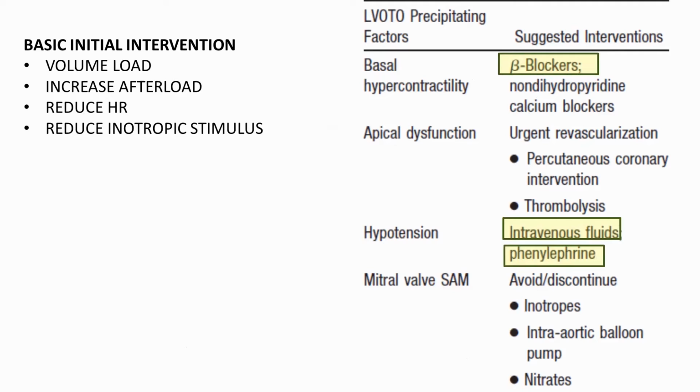Whether there's much of a difference between the two, don't know. Said to reduce the heart rate, and there's some beta-1 stimulus at higher doses that you're probably ditching. So, revascularization, beta blockers, fluids, phenylephrine, reduce your inotropes, turn off your balloon pump, stop your nitrates and diuretics.